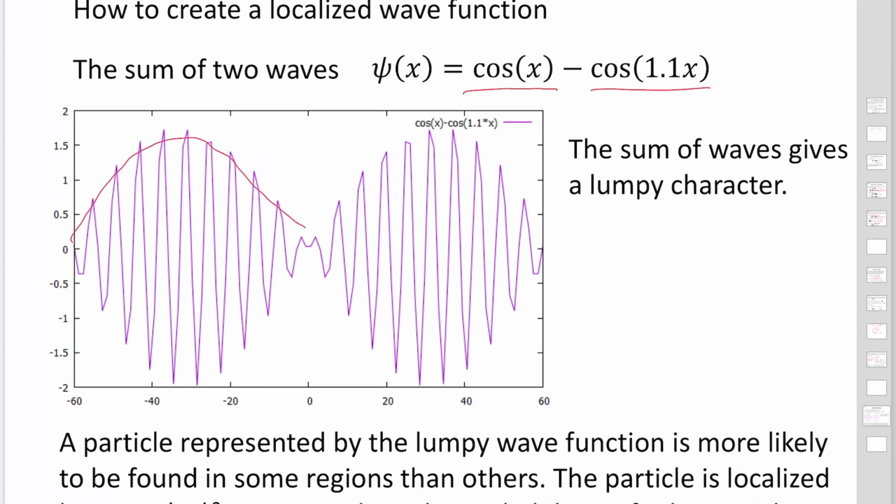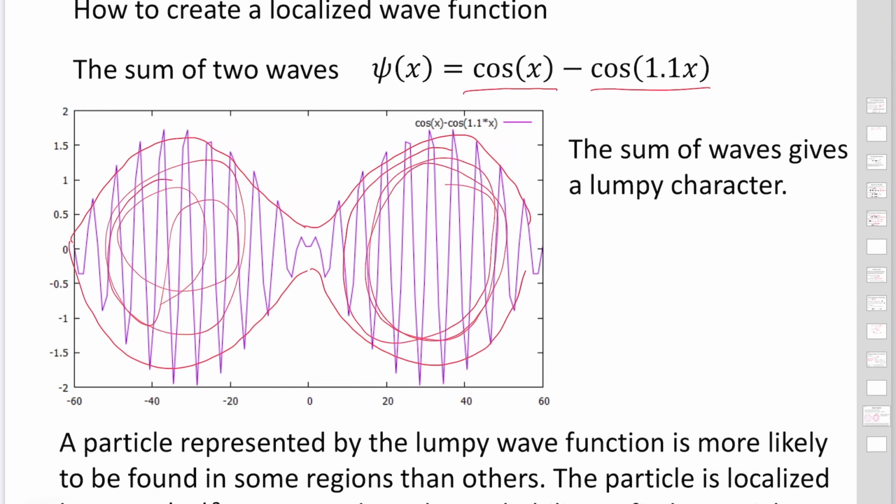You could find these kinds of waves. The sum of the two waves gives a lumpy character. So the particle position is confined in these regions, and there is a small probability to find the particle between these regions. A particle represented by the lumpy wave function is more likely to be found in some regions than others. The particle is localized because psi squared corresponds to the probability of finding the particle. Okay, this is the end of this session.